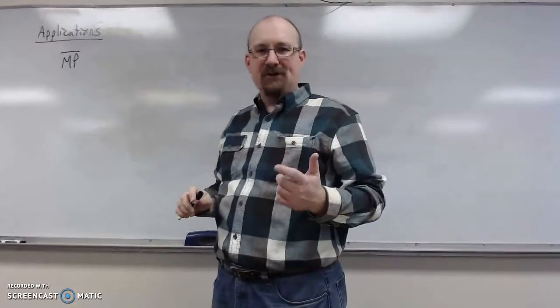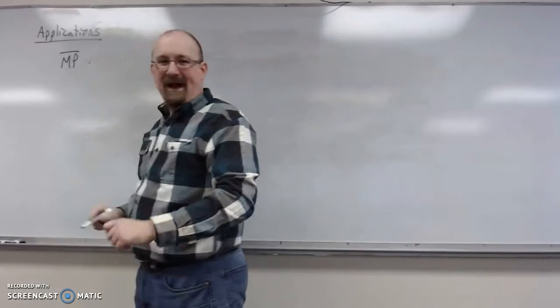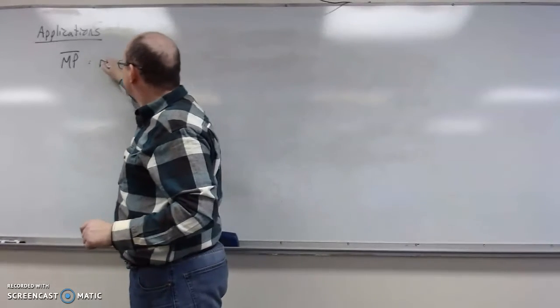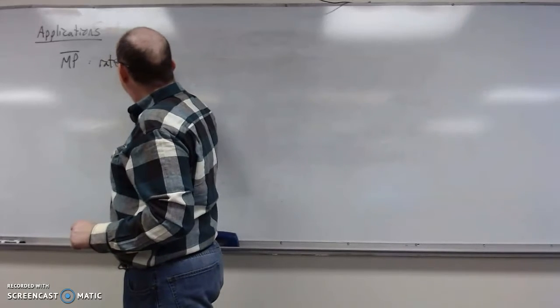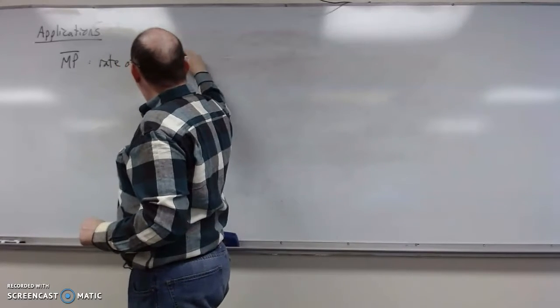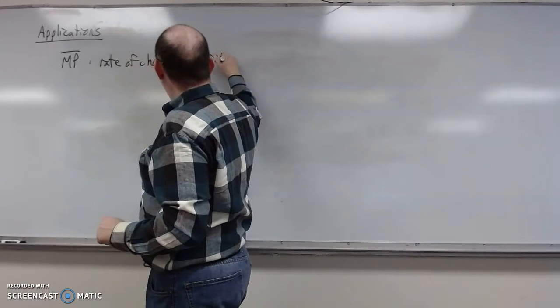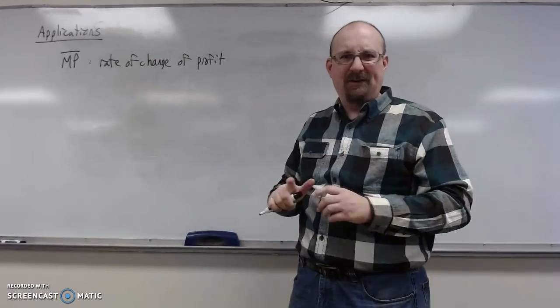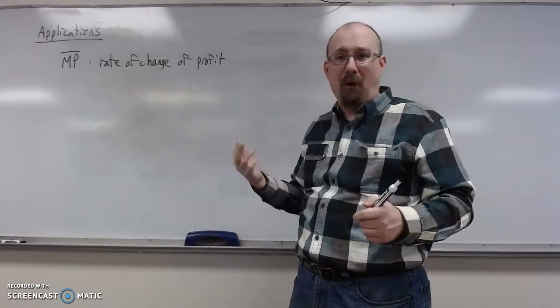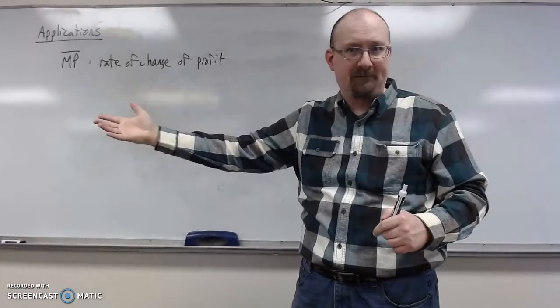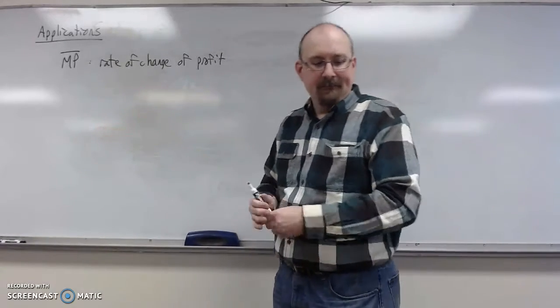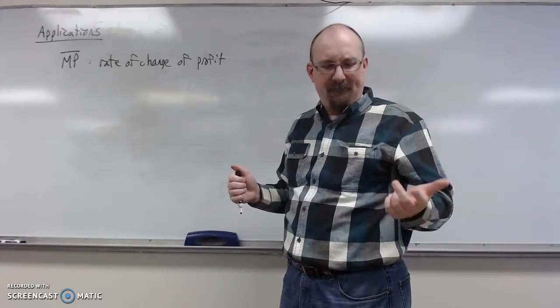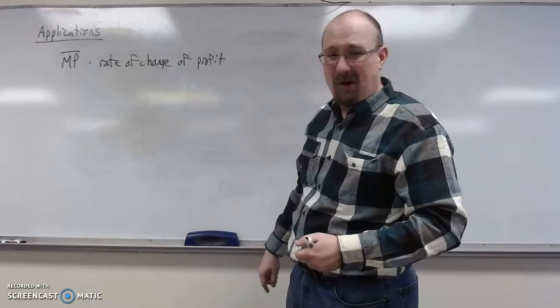And as it turns out, what that ends up meaning is rate of change of profit. Technically, with respect to units sold: how much more money do you profit if you sell another unit is kind of the idea here. So the other two definitions underneath follow exactly along the same lines.